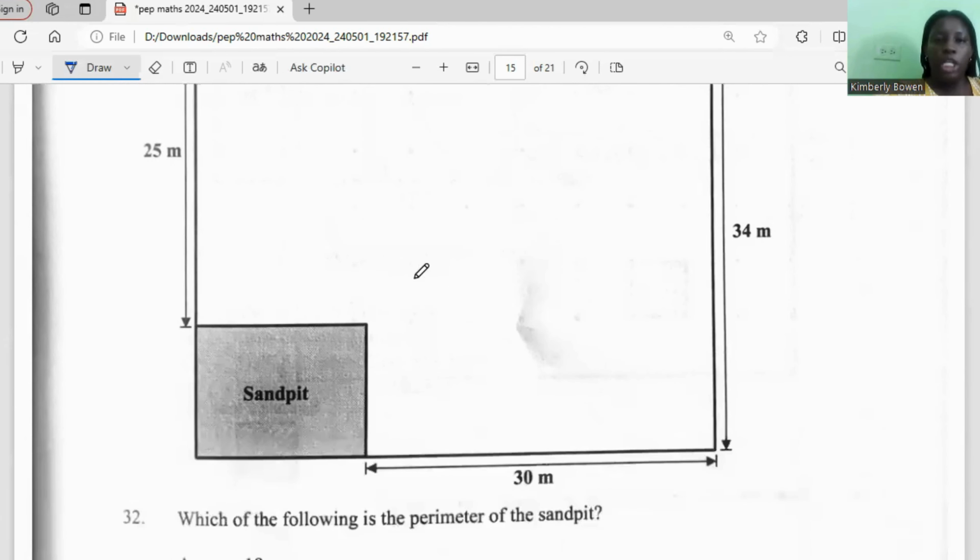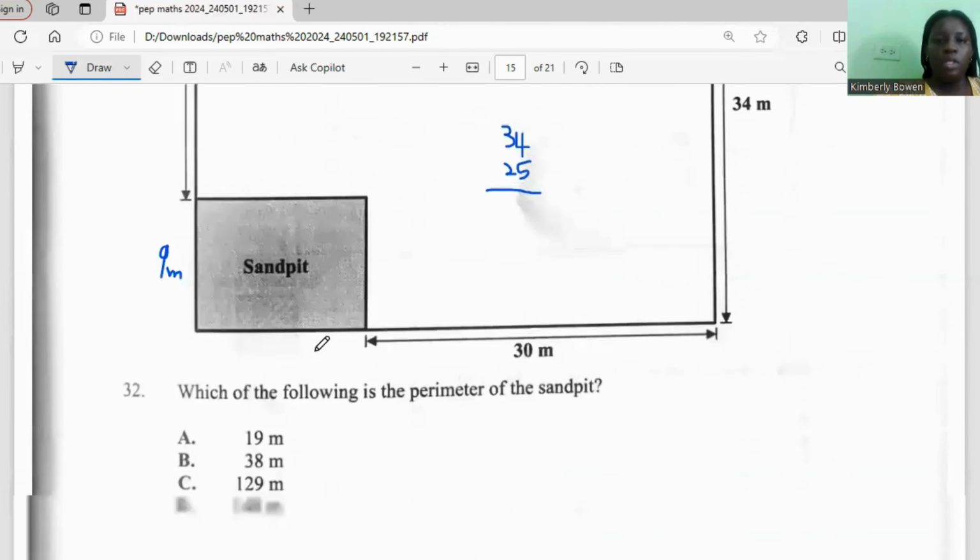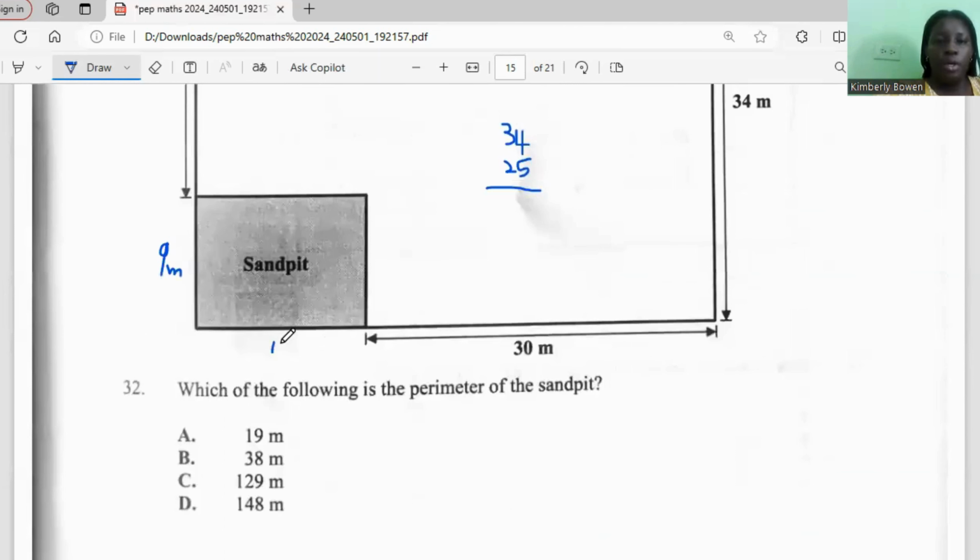And to get the dimensions for the sand pit, we're gonna subtract 34 and 25. That's 9 here. I'm just working out the dimensions for the sand pit. And above here was 14. So here's gonna be 10 meters.